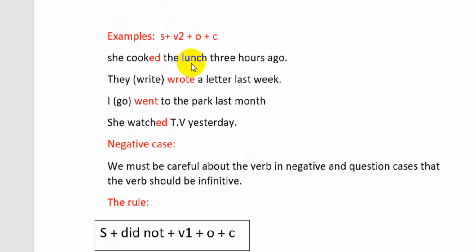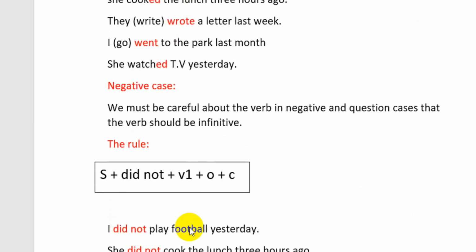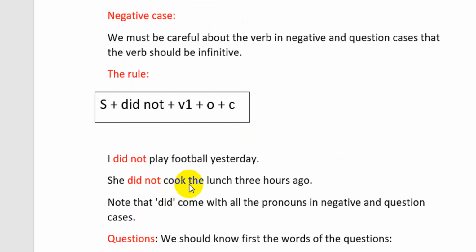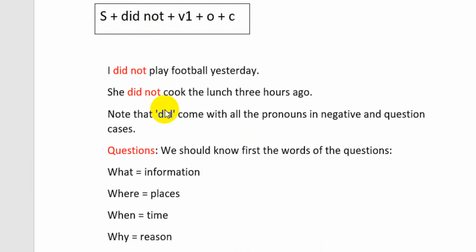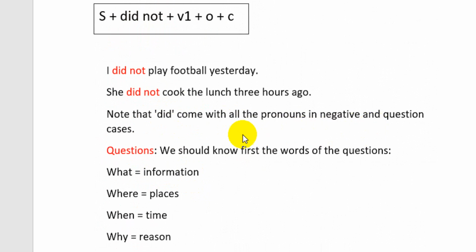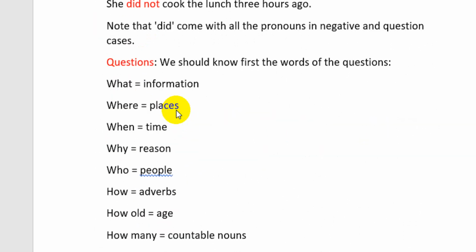Look. She cooked, here ed, but here she did not cook. Okay? Note that did come with all the pronouns in negative and question cases. لاحظ أنه الفعل did كفعل مساعد يستخدم مع كل الضمائر في حالات السؤال والنفي.